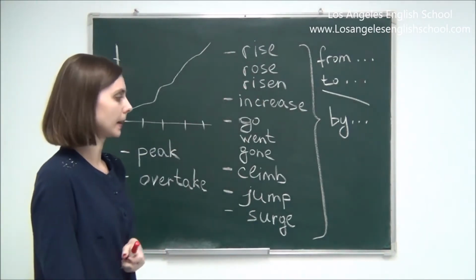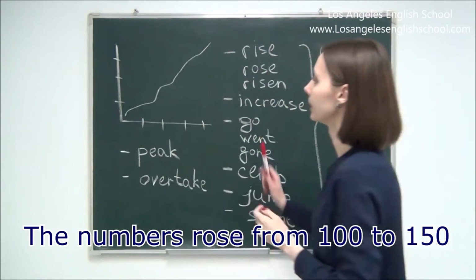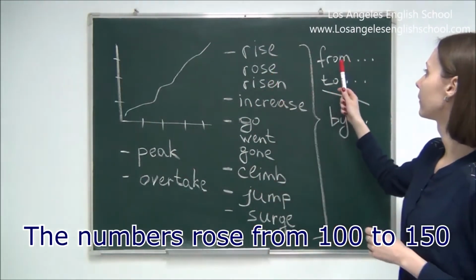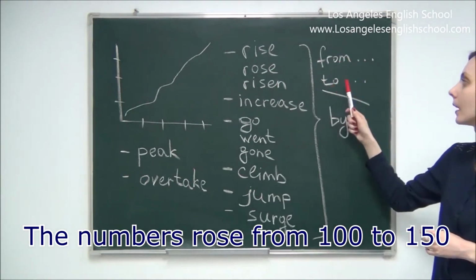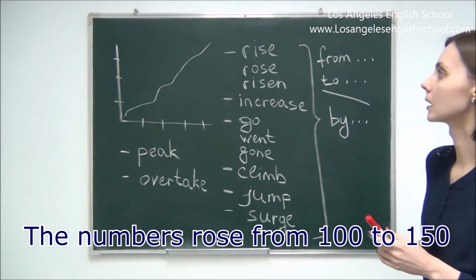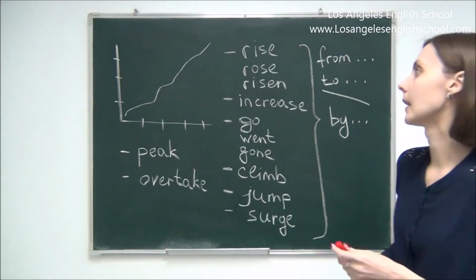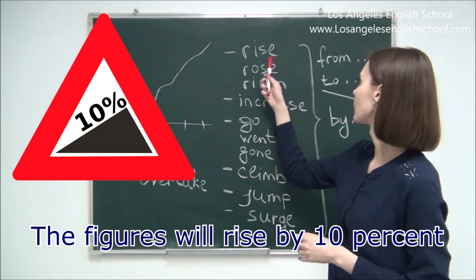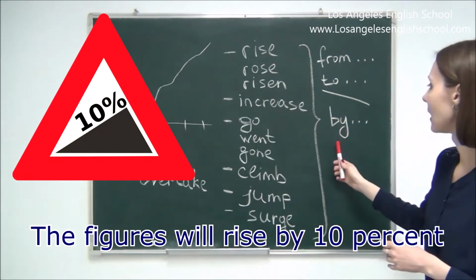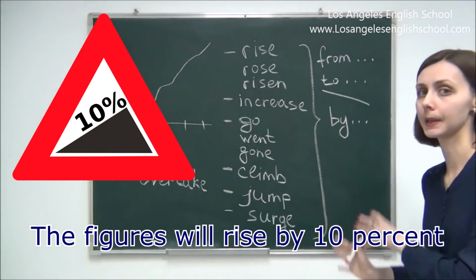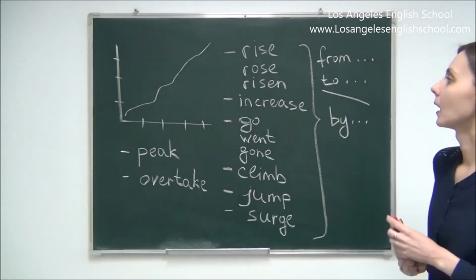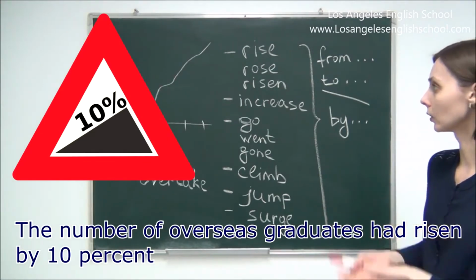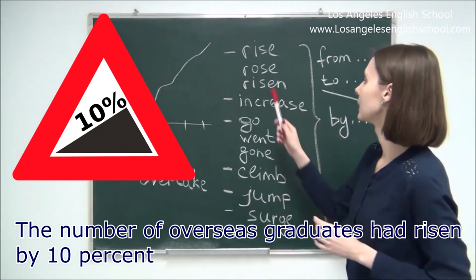You can say, for example, that the numbers rose from 100 to 150. Or if it's for future, you can say that the figures will rise by, for example, 10%. Or the number of overseas graduates had risen by 10%.